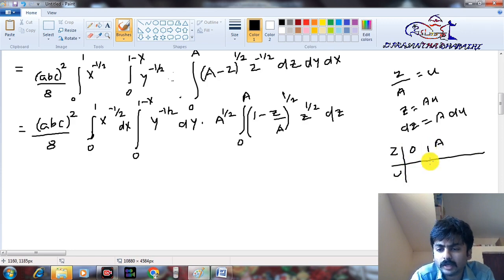So the lower limit of u will be 0 by a equal to 0, and the upper limit is a by a equal to 1.